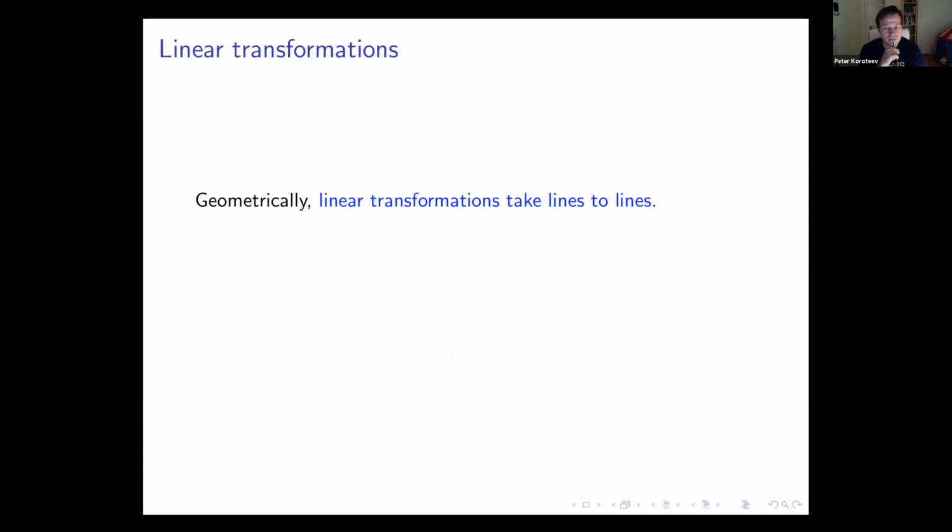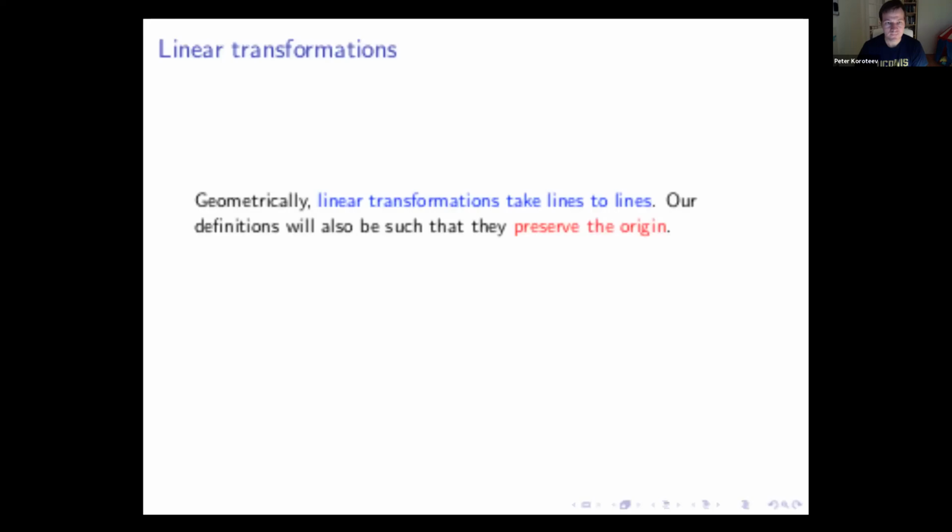Let's see what's going on geometrically. We want to understand this in terms of matrices. Linear transformations take lines to lines, as we know, and we'll define it in such a way that it also preserves the origin.